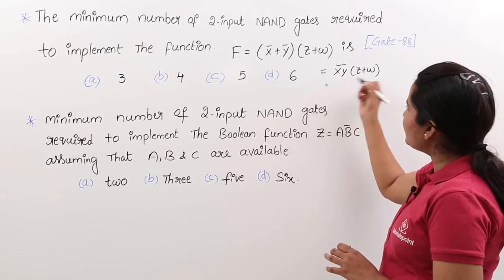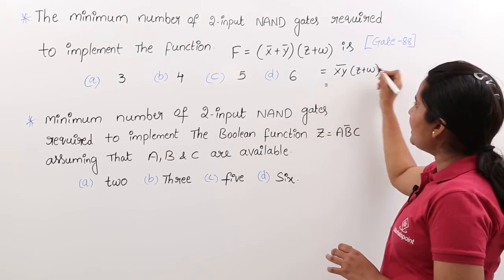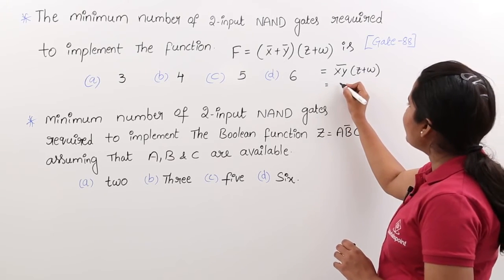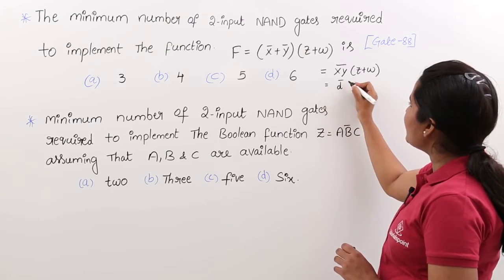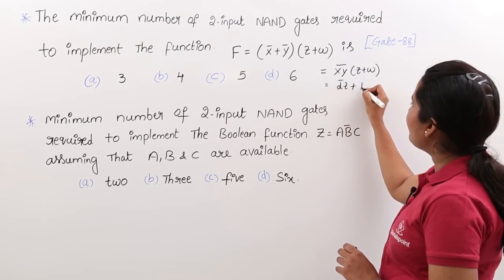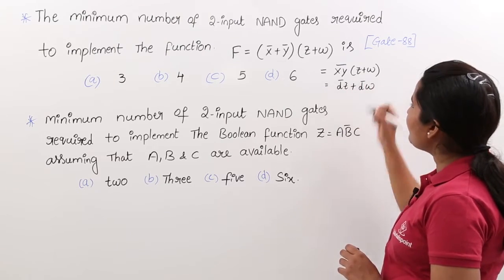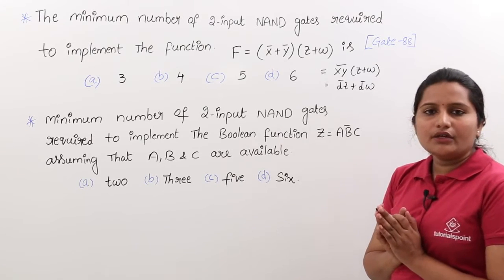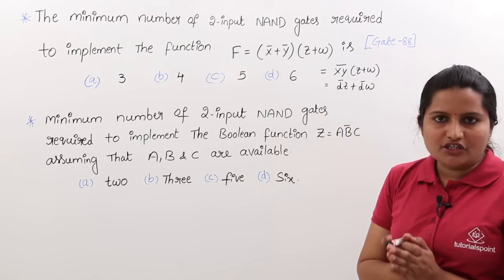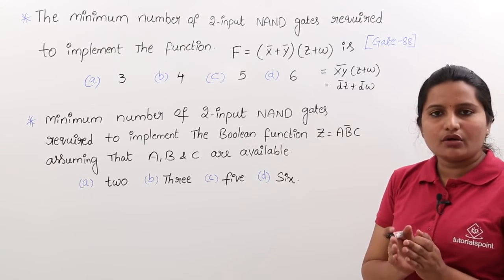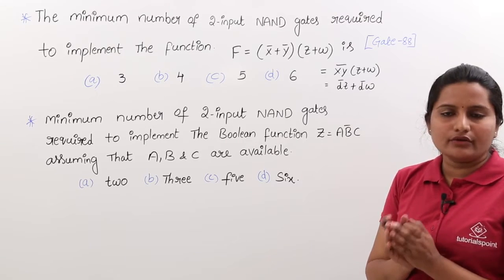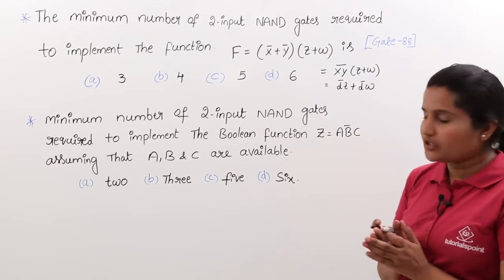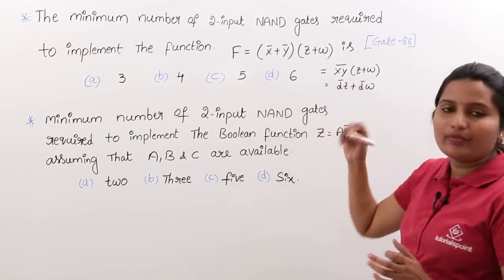Now, I am considering this as d and multiplying it inside, that means d bar z + d bar w. Whenever you have a function which you want to convert into a number of 2 input NAND gates, just consider the bar of that function, that means you consider f bar.